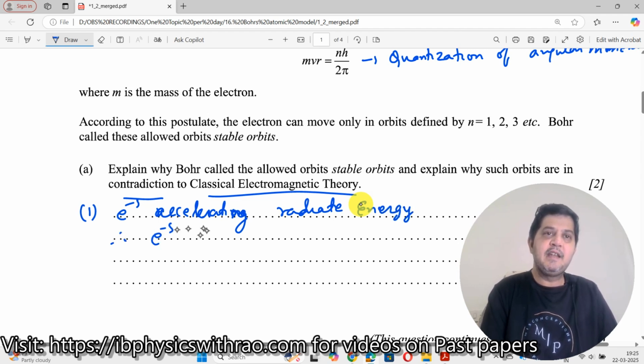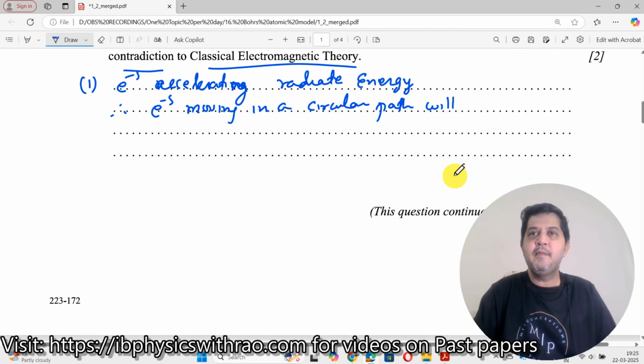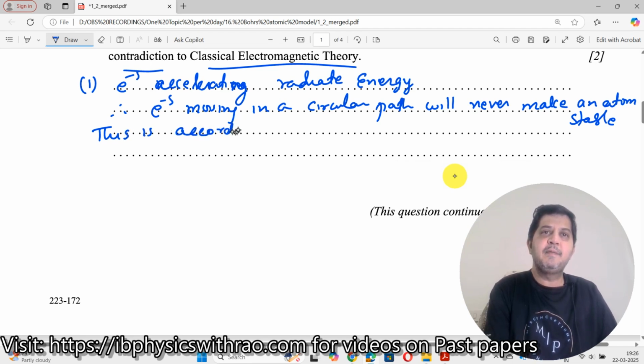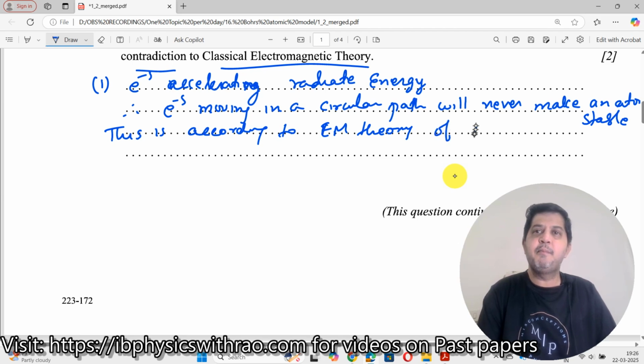Therefore electrons moving in a circular path will never be stable, will never make an atom stable. This is the first thing. This is according to the electromagnetic theory of Maxwell.